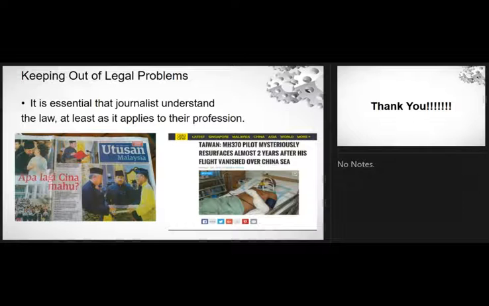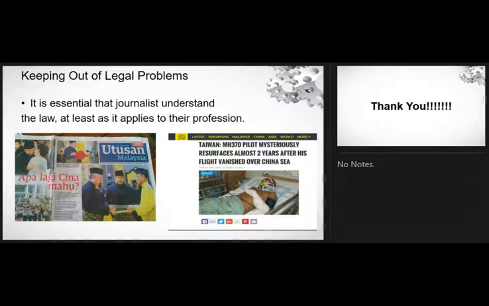So the last thing is keeping out of legal problems. Ensure that journalists understand the law, at least as it applies to their profession. For the first picture we can see, this Malay newspaper is called Utusan Malaysia. They're writing something like, what more do Chinese want? Actually, it makes more conflict between the Chinese ethnic group and Malays. So it's better not to write something like that.